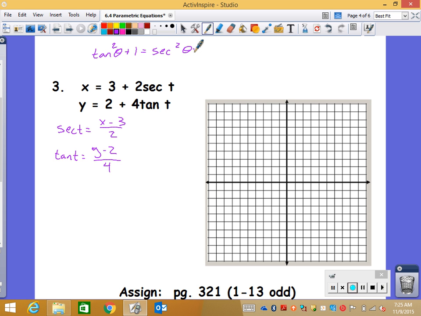That's on your formula sheet. Now I need to do a little rearranging here. I'm going to get the 1 by itself, so I get that 1 is equal to secant squared of theta minus tangent squared of theta. And now I'm going to plug everything in. I'm going to plug my secant in, my tangent in. So I get secant squared, so I just plug in (x minus 3) over 2, all squared.